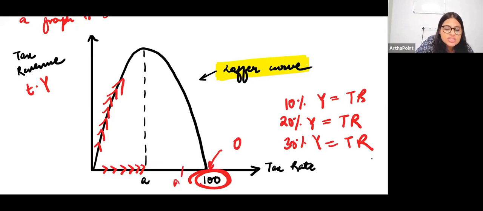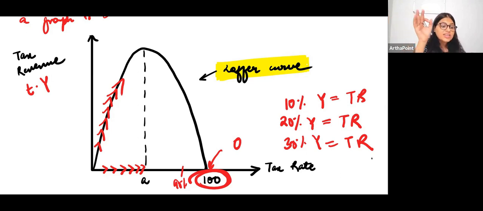If the government charges 90% also as tax, there will be so many people who will leave the labor market, because they will think, why work? Out of 100 the government takes 90, I'm only left with 10. There is no reason why I should work. So the Laffer curve suggested that as the tax rate increases, initially the tax revenue will increase. It will reach its maximum, but after that it will start decreasing.